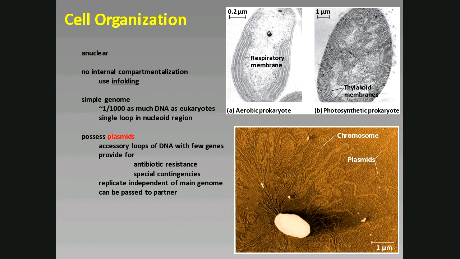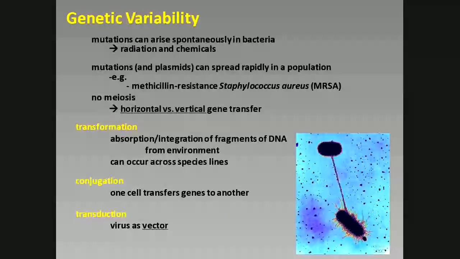So I can pass you that information genetically. You don't have to have been lucky enough to be born that way. You just have to meet up with another cell who actually has the right plasmid. Right? It's kind of freaky. So they can do that, like you see in the lower right. They can sit there and pass that genetic information back and forth.